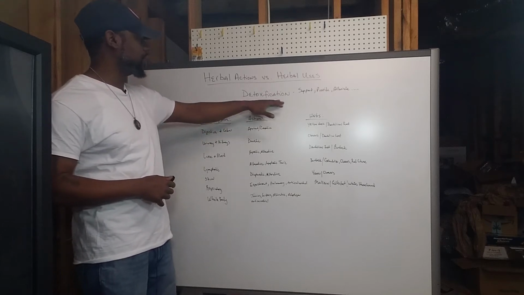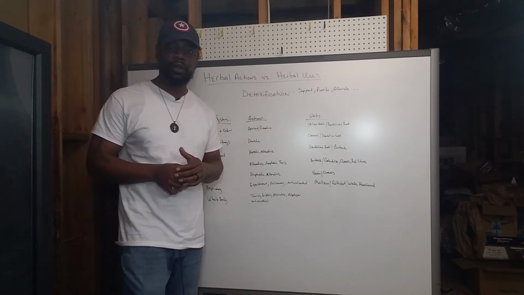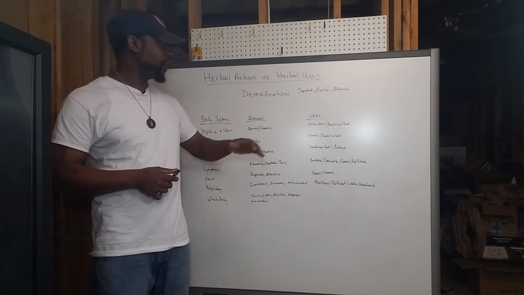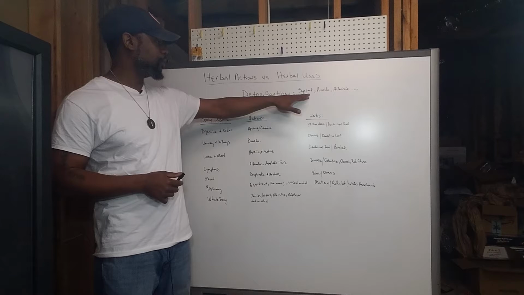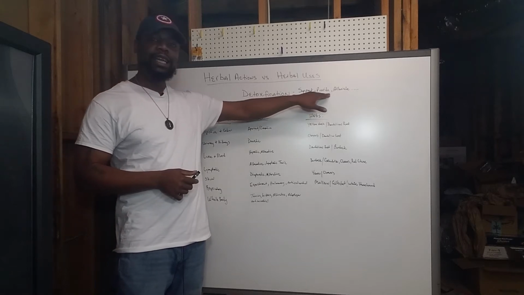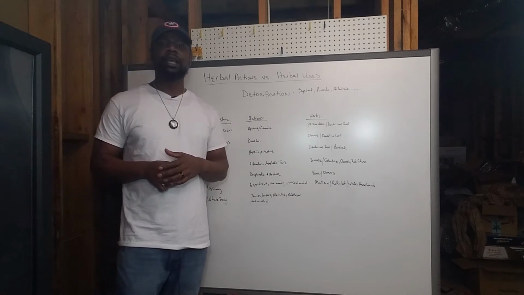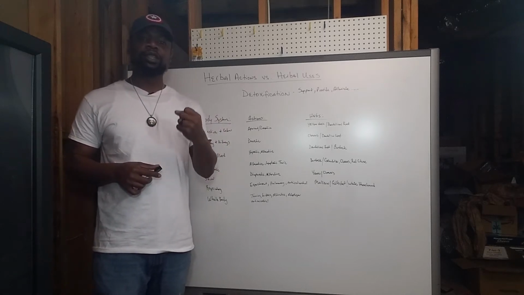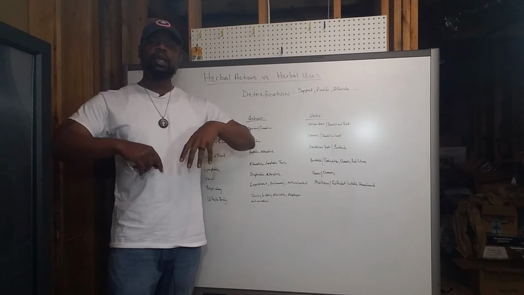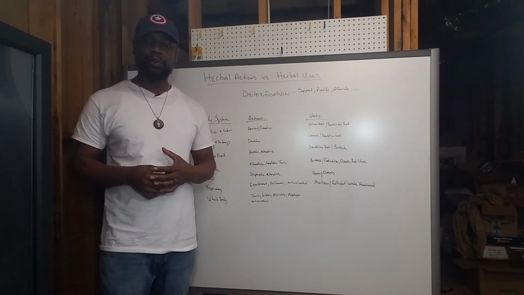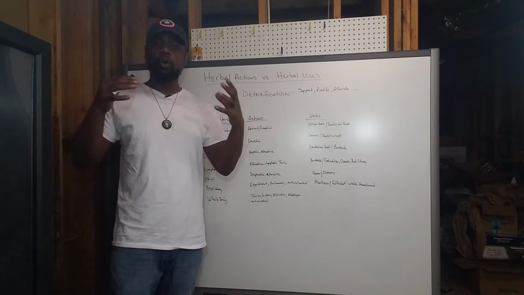So what we're talking about today is just the detoxification process. Okay, and what are some of the principles of detoxification? And as you can see, if you can't see, that I put up there: support, provide, and alleviate. Those are your 3 principles of detoxification. A detoxification process should support the whole body elimination. Okay, whole body elimination. Remember, we're always talking holistic.